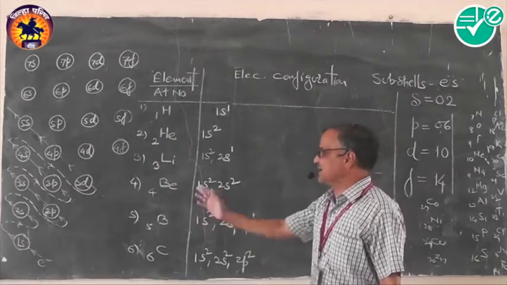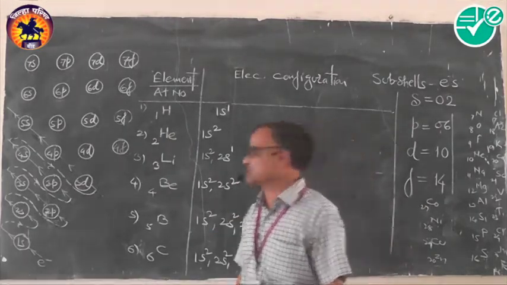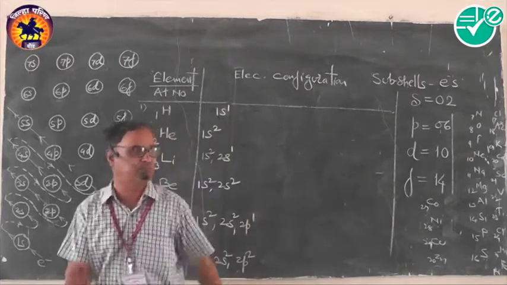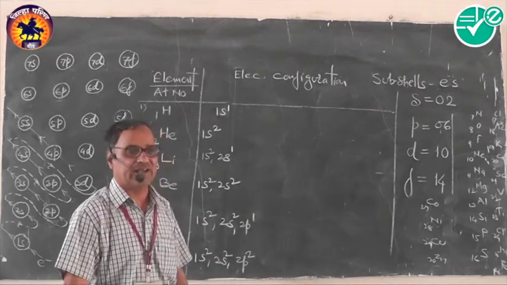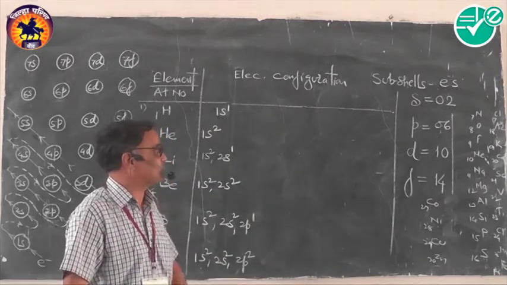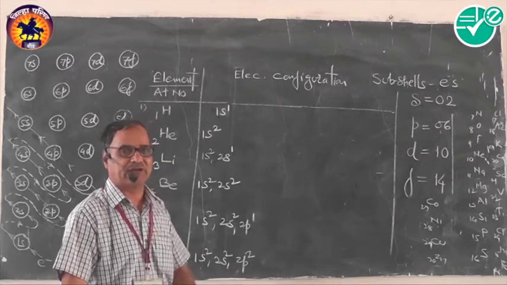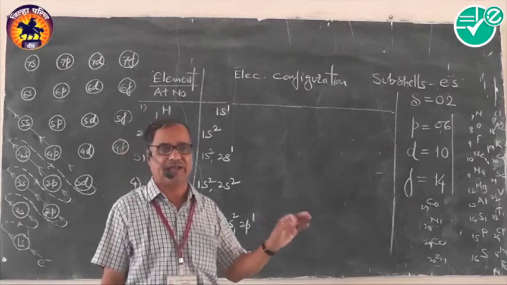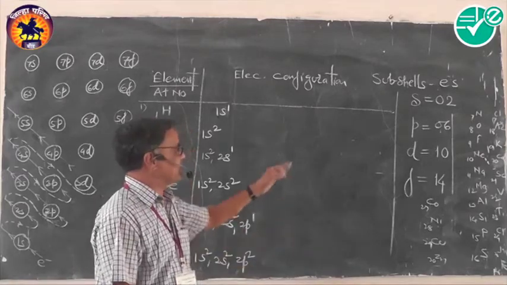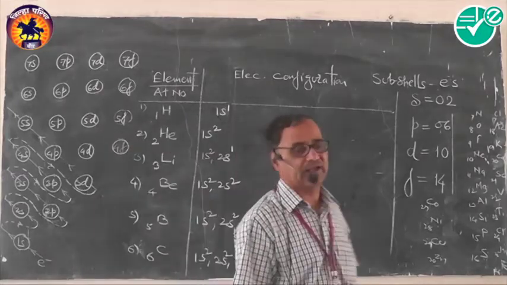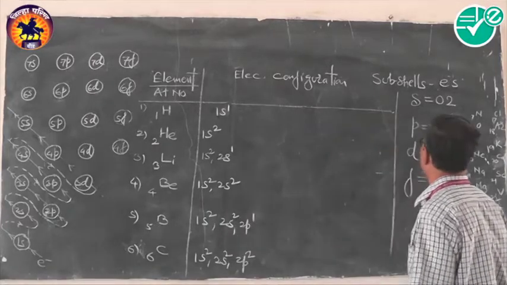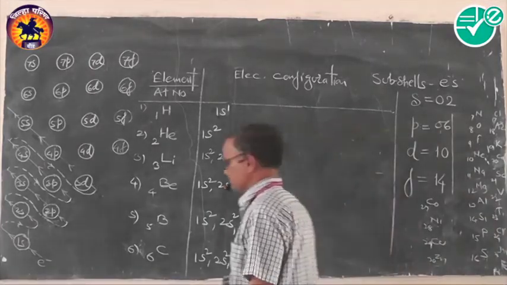We know that the s, p, d and f subshells contain a maximum of 2, 6, 10 and 14 electrons respectively.